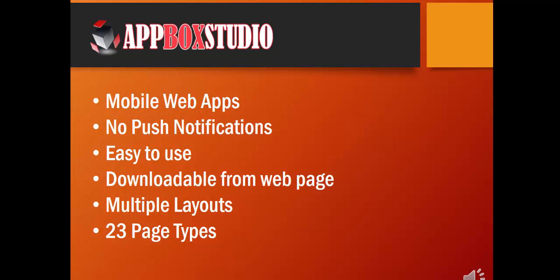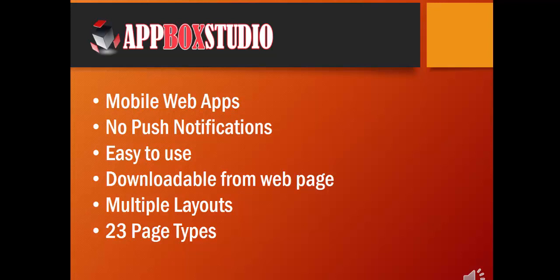And when you build apps with appboxstudio, which I'll show in a second, it's very, very easy to use. I mean, Snapitapps is easy to use too, but on a scale, this is much easier, and therefore much quicker as well. So you've got multiple layouts with appboxstudio and 23 page types.